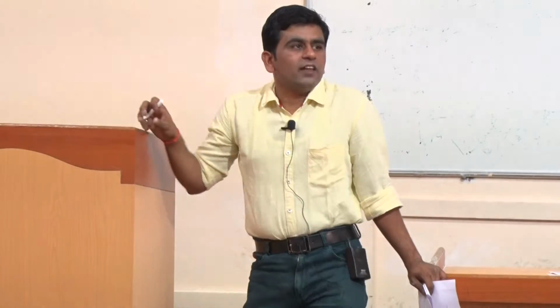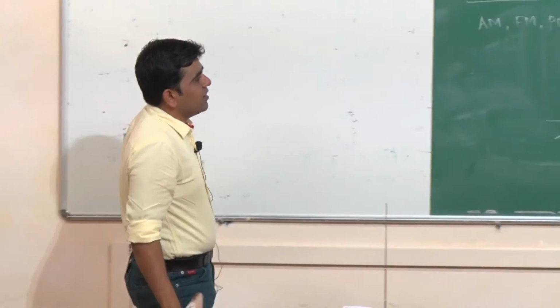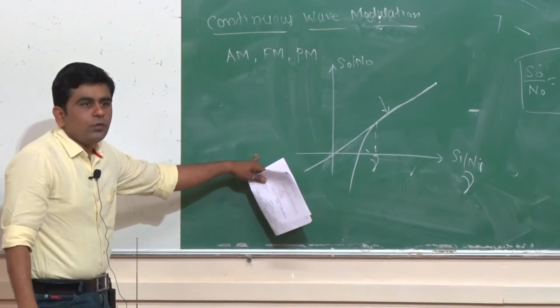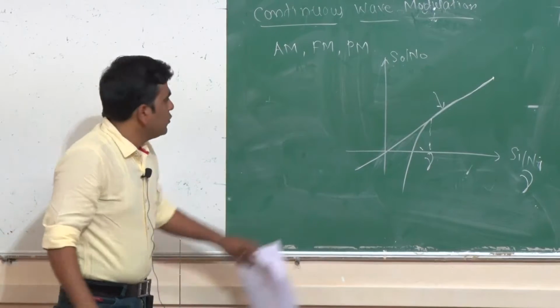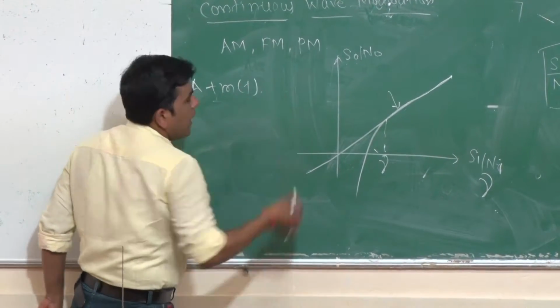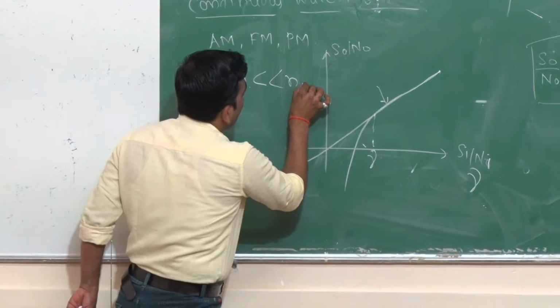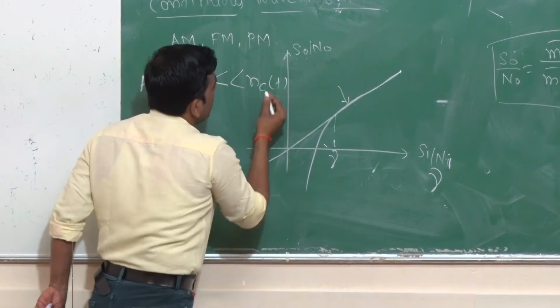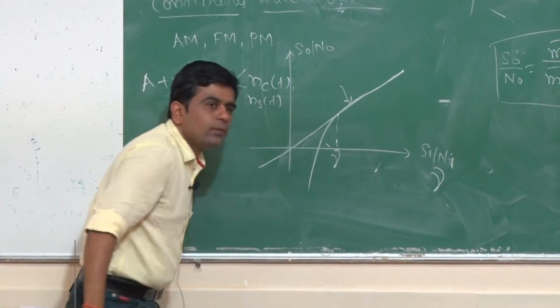For this case we can see that a plus m of t, this is the desired part from your message signal and carrier point of view. This is much smaller than your noise, so we can say that a plus m of t is very much smaller than your noise, that is nc of t and ns of t.